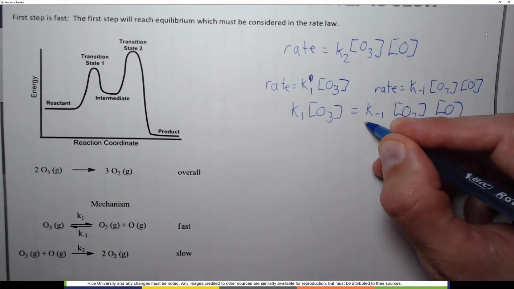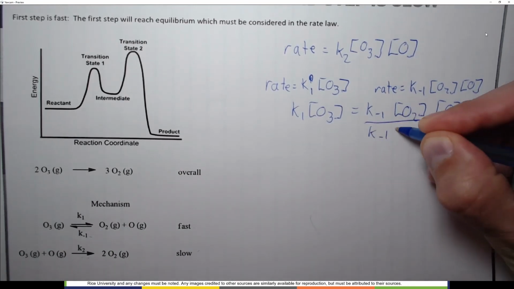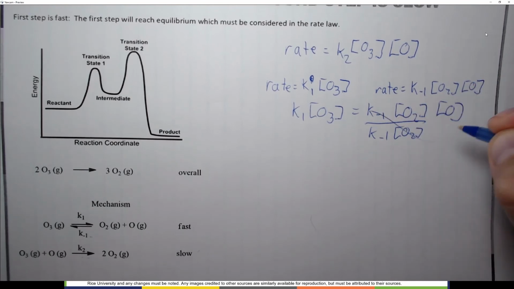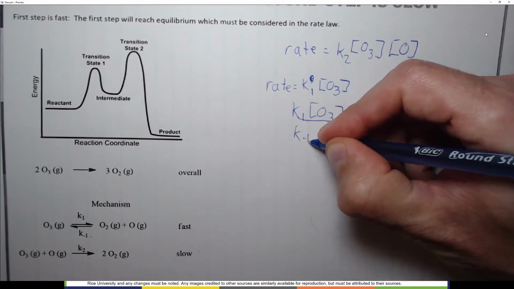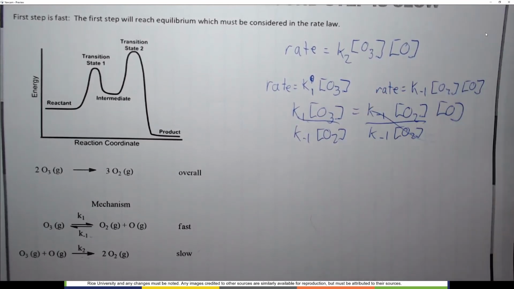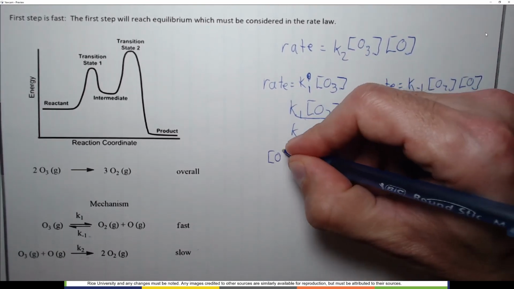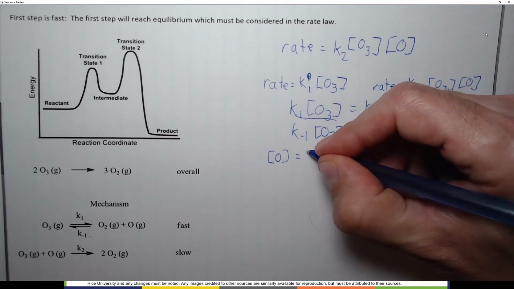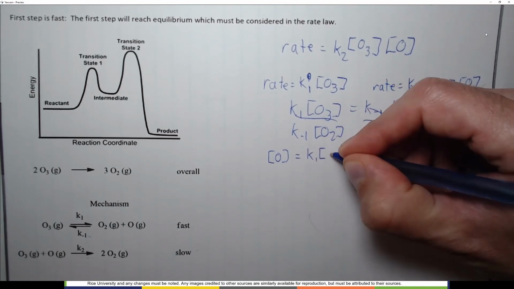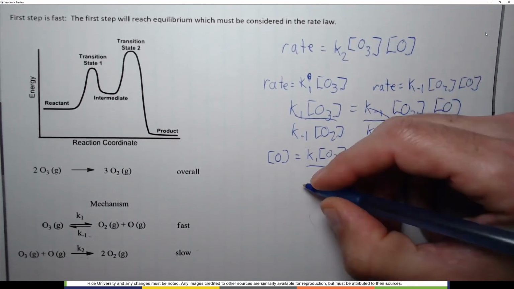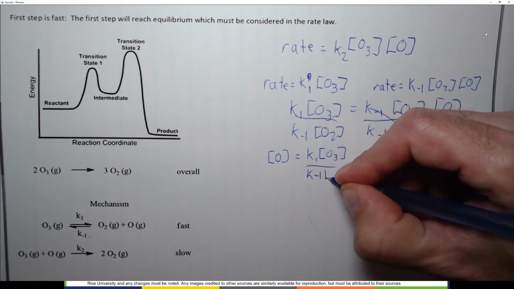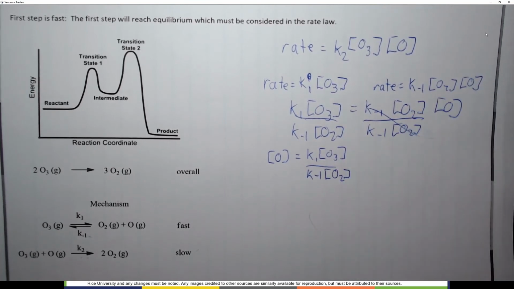So let's do that. We're going to divide by k-1 concentration O2. It cancels out. And we're going to divide by k-1 concentration of O2 on the other side. I'm just going to write the concentration O on the other side. Concentration of O equals k1 concentration of O3 over k-1 concentration of O2.